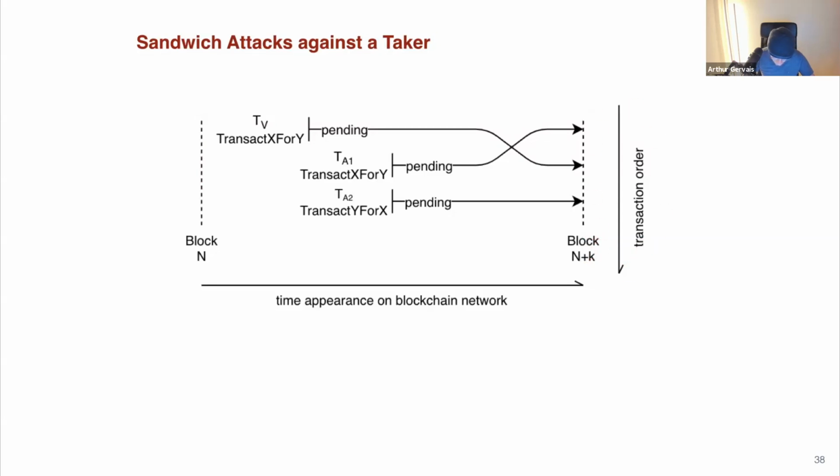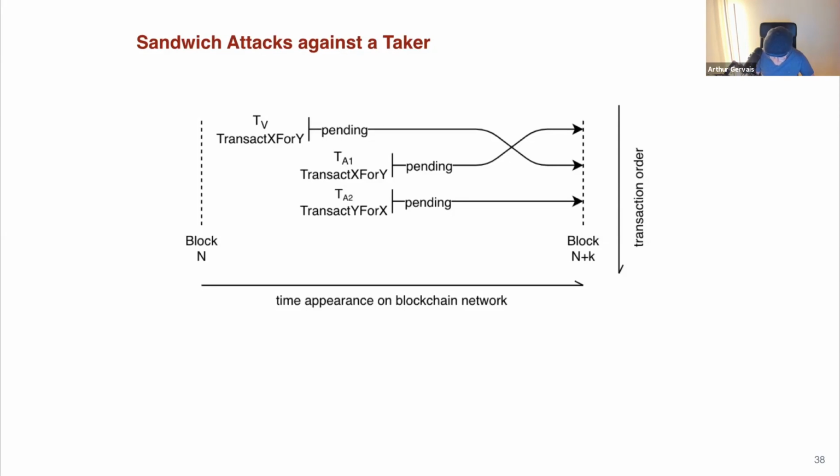There's an incoming transaction of a victim, and this transaction of the victim, for example, performs a transaction on Uniswap or any other AMM, where it transacts an asset X for an asset Y. This is pending because it's not yet executed on chain. It's propagating on the peer-to-peer layer, or as people say, it's currently in the mempool, the memory pool, the pool of unconfirmed transactions.